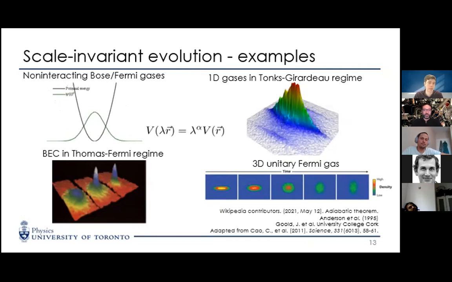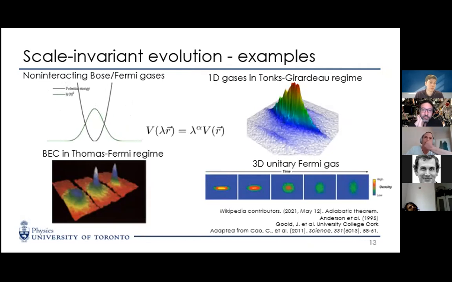That's right. And am I right, Joseph, that what you're discussing is a beyond mean field breakdown of scale invariance? Yeah, that's what I was wondering, because if you're asking about how interactions break this picture, I understand what you're saying, that for the BEC in the Thomas-Fermi regime, you're neglecting kinetic energy.